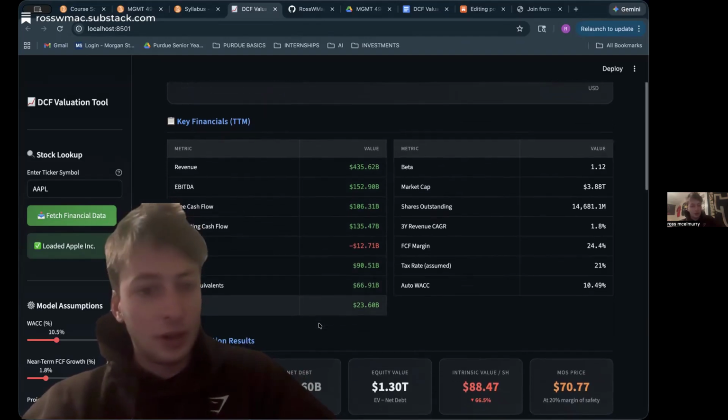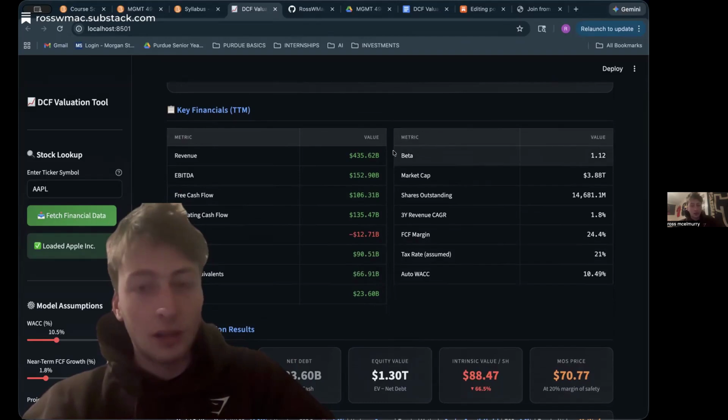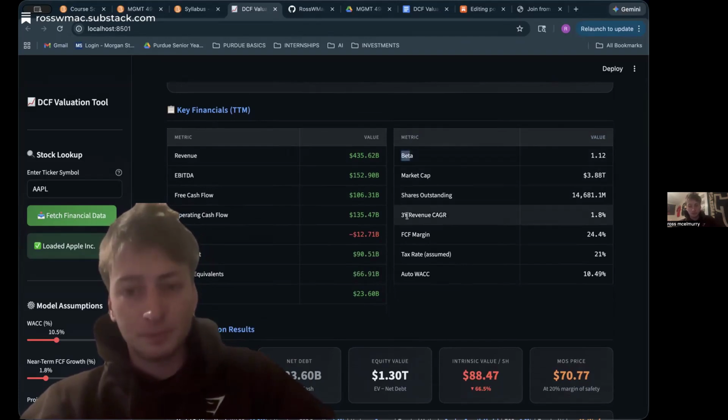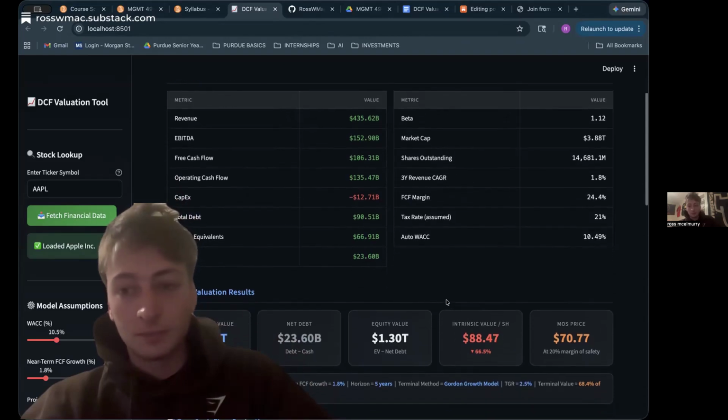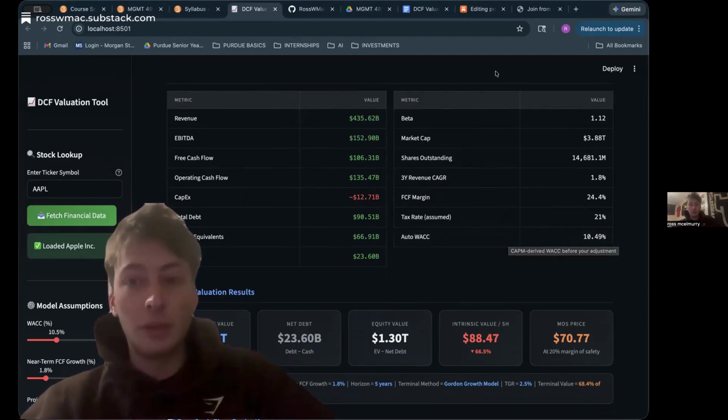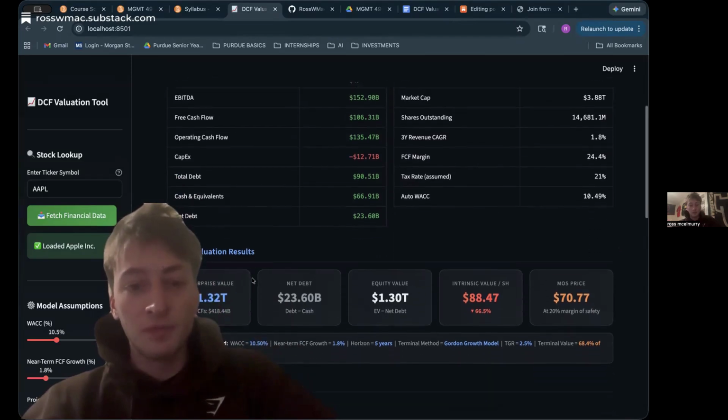And then over here, you have some of your metrics, just to show how we're going to be calculating a lot of this: your beta, your market cap, your shares outstanding, your 3-year revenue CAGR, your FCF margin, your tax rate, and your auto-fill values. So it's pretty easy to see exactly how we're going to be calculating, and how we auto-filled these immediately under the company, like Apple.